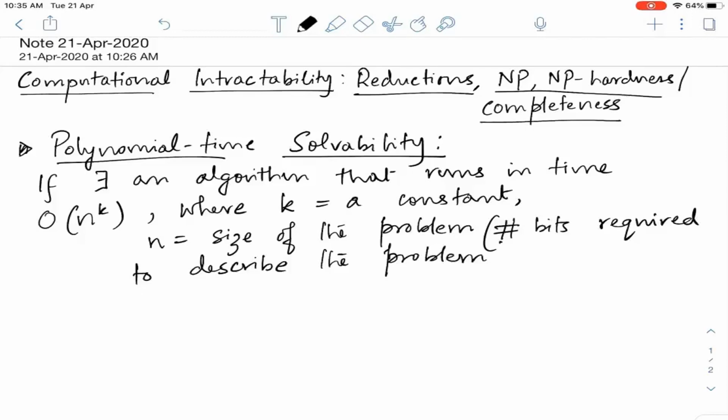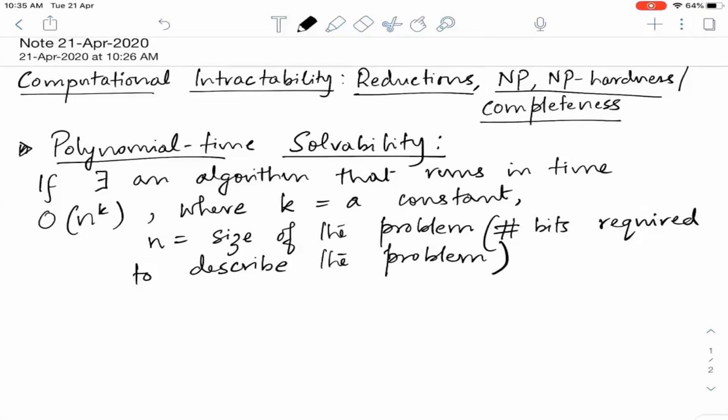So we have talked about this issue: it's really the number of bits that I require to describe a problem that should be a reasonable way of representing the size of a problem. For example, if you are trying to solve the sorting problem, then you have to describe n different numbers, and let's say the maximum value of any number is w.